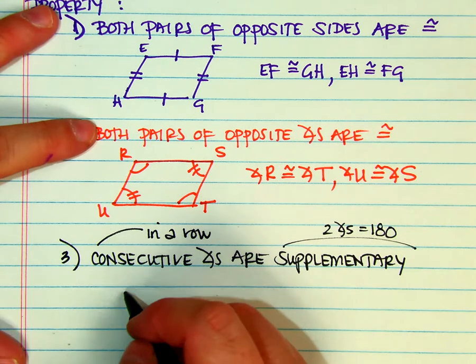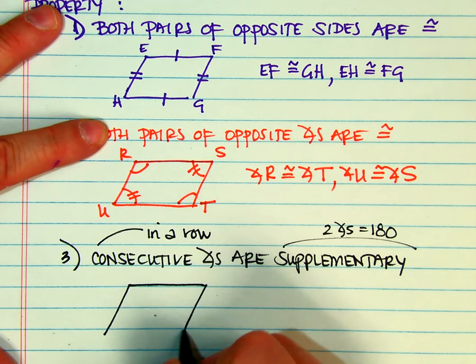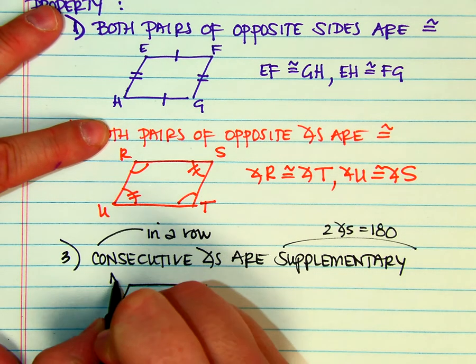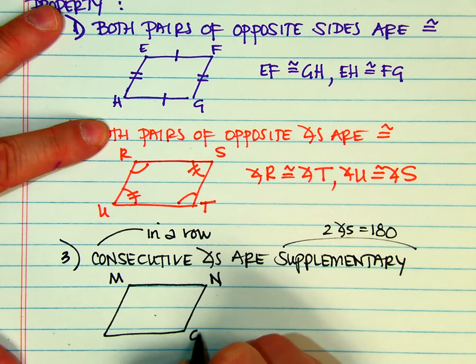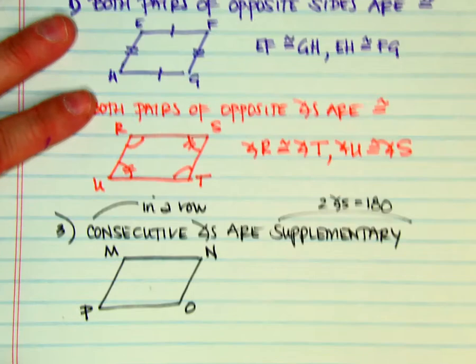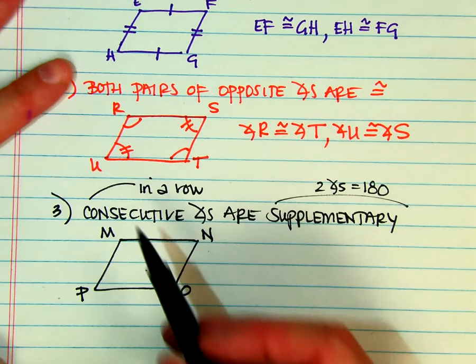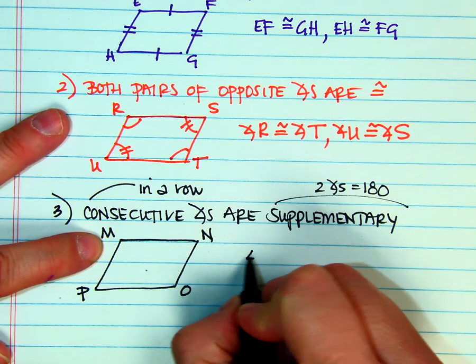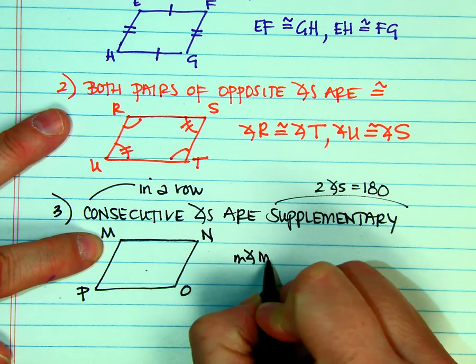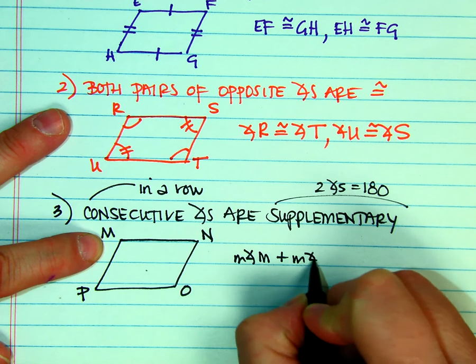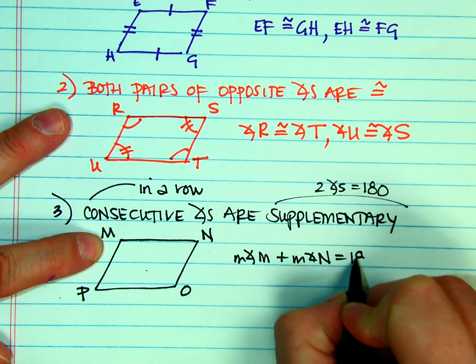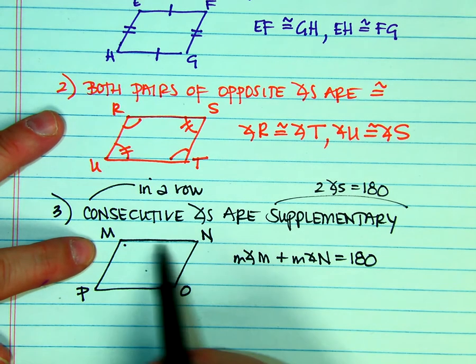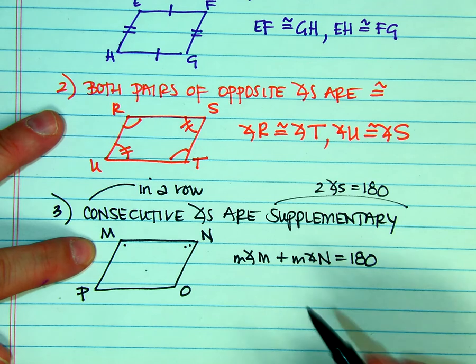Okay, so if I look at this, and I have M, N, O, and P, I know that the measure of angle M plus the measure of angle N has to equal 180 degrees. So these two have to equal 180 degrees.